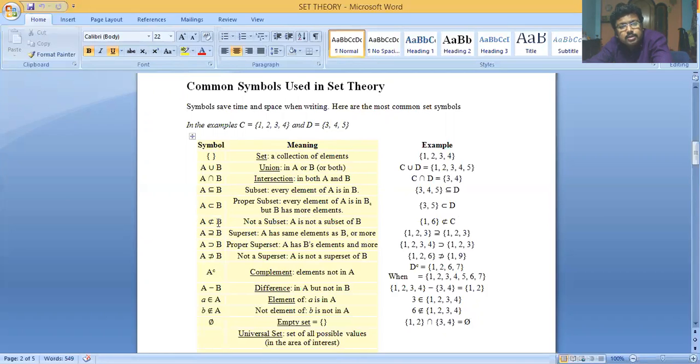Now this symbol represents not a subset.